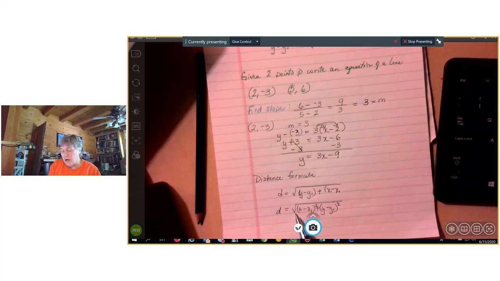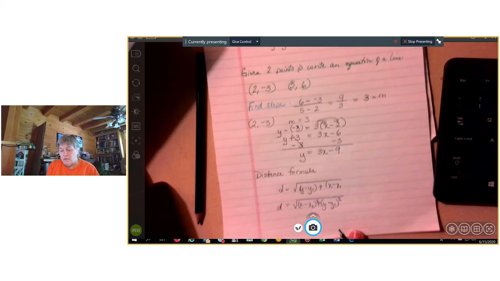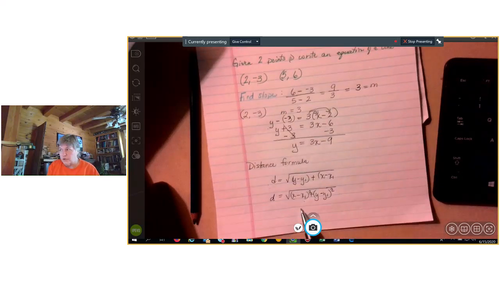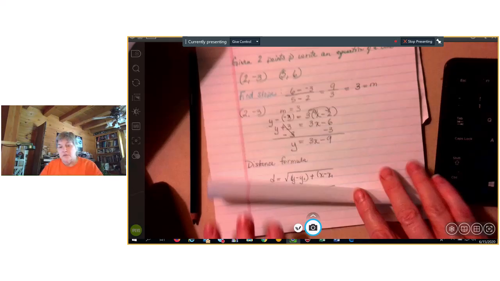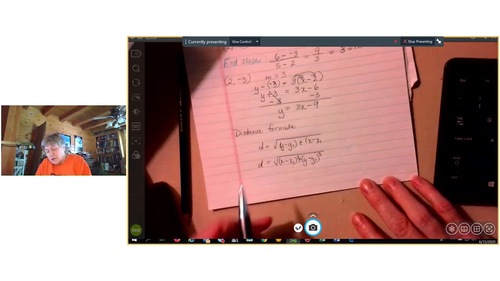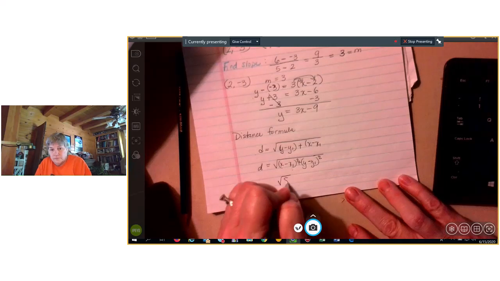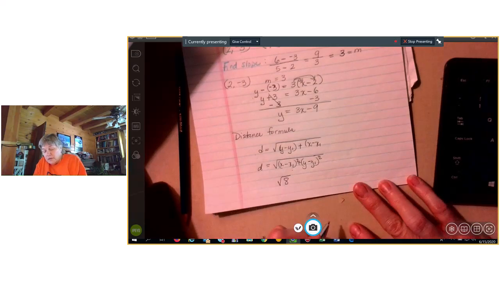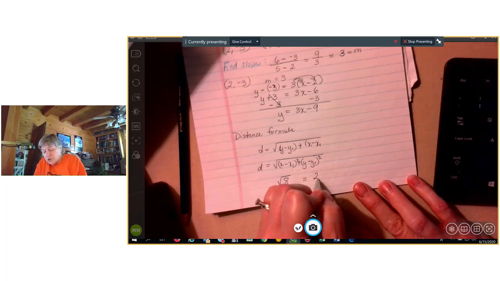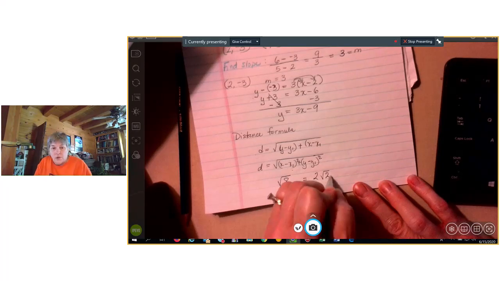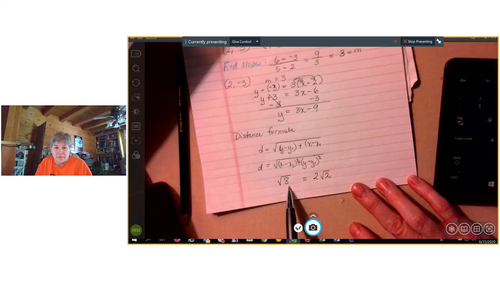So a lot of times these will not come out even unless you have like the square root of 25 or the square root of 36, which is fine. Unless it comes out evenly, generally leave it as the square root of 8. Even though I could make this 2 times the square root of 2, and if you do it in your calculator, it's going to be 2 point something, just leave it as the square root of 8.